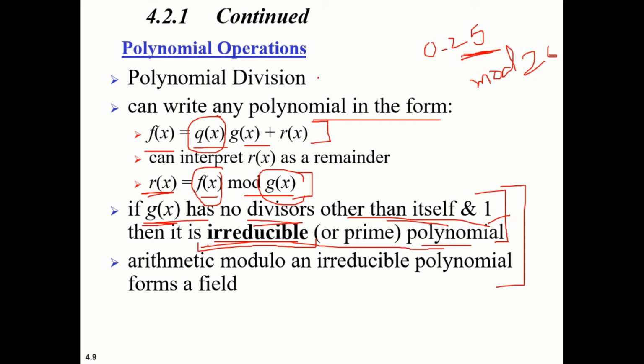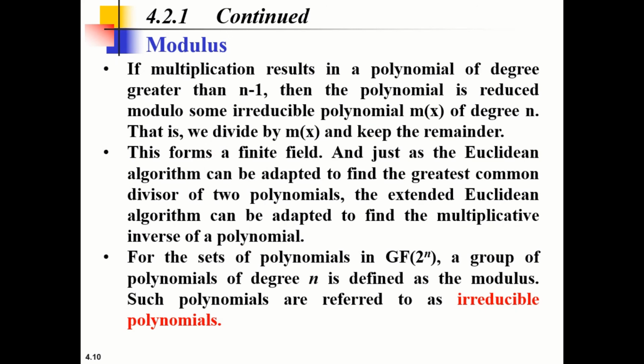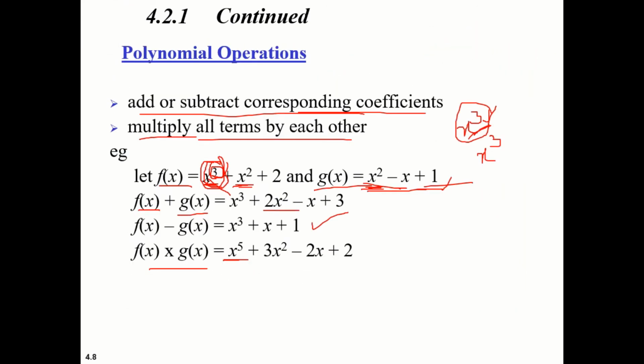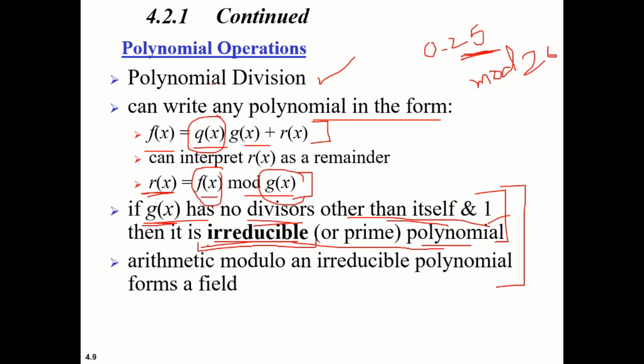So this is how we perform division. I'll show you an example also for division of polynomials. Fine. Okay, so after this we have covered addition, subtraction, multiplication, and then division.